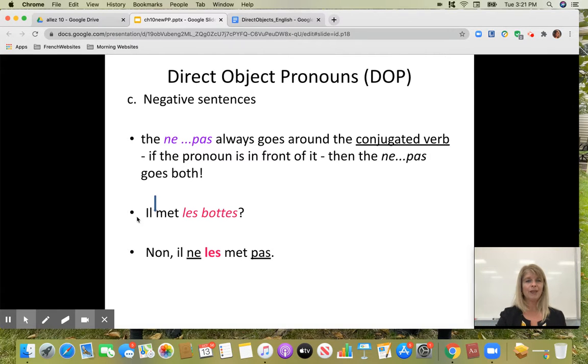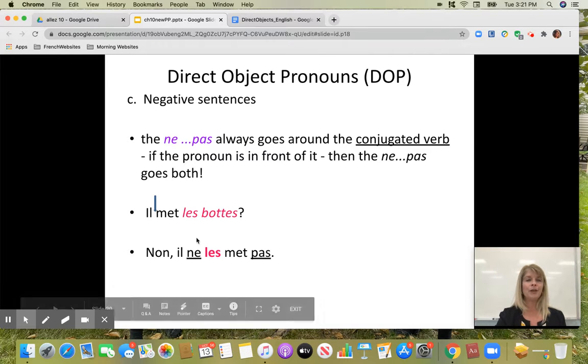So, il met les bottes. Les bottes is going to turn into the pronoun les. It's going to go in front of the verb. But if I want to say he's not wearing them, my ne pas is going to go around the conjugated verb, but there's a pronoun in front, so it has to go around both. Il ne les met pas. He is not wearing them. Very good.